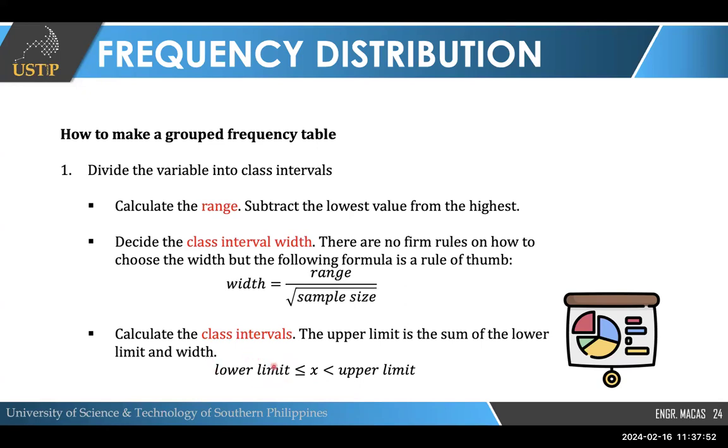And then ang upper limit nimo sa class interval is of course the sum of the lower limit and the width. Kaya makabalo ka unsay width sa imong specific interval. Okay? Constant ang mga width for each interval, as you progress into your next intervals.